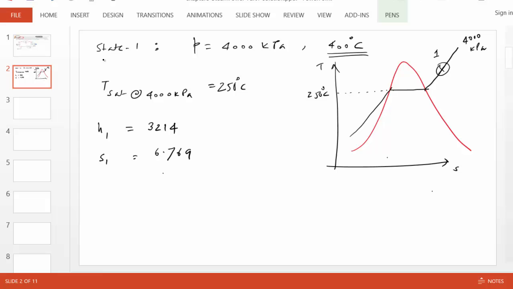So how do we figure out state 2? That's a little more complicated. State 2 is the turbine exhaust, and we know that the pressure is much lower. Actually, the pressure is given to us: 100 kPa.